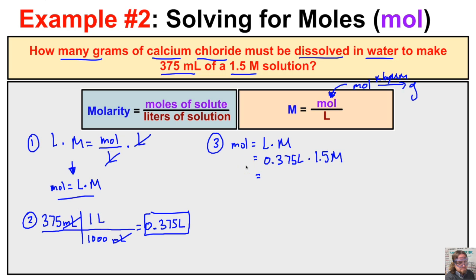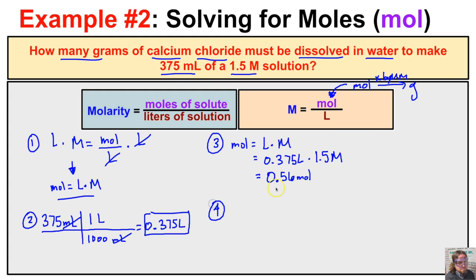And so when we multiply these two together, we're going to end up with 0.56 moles of calcium chloride. And so now what we have to do is we have to convert this to grams.